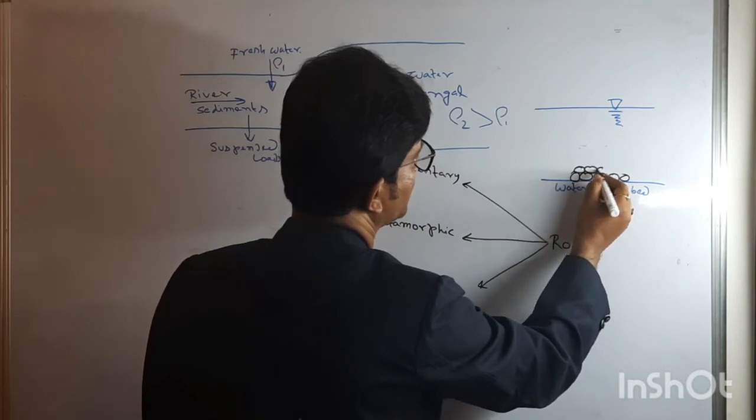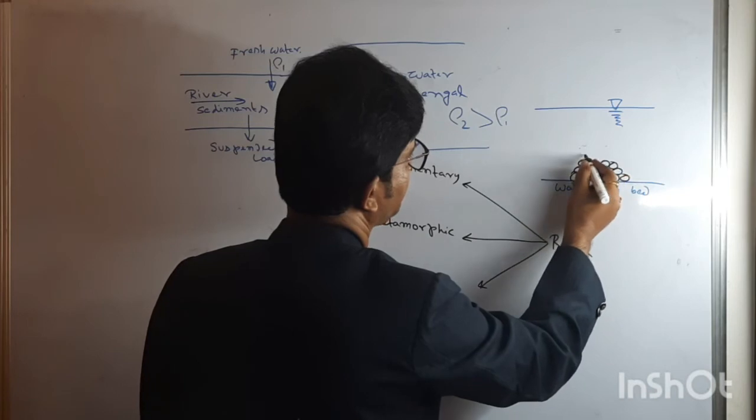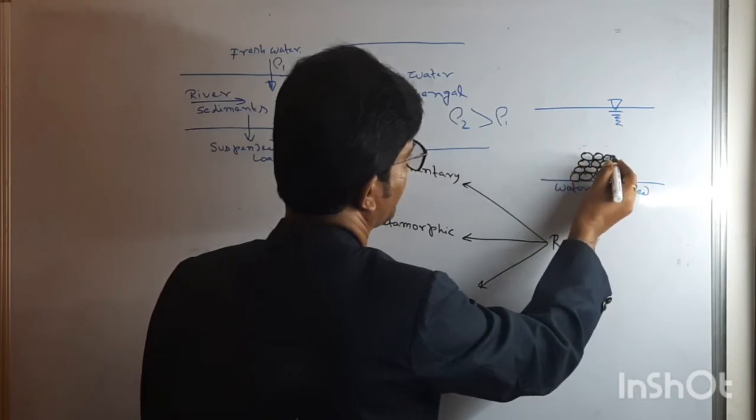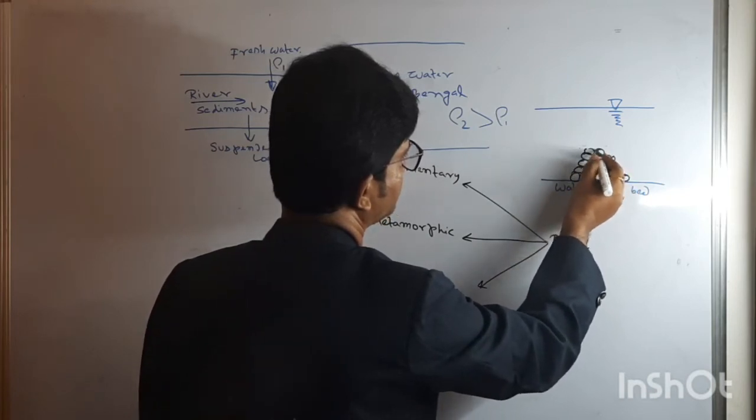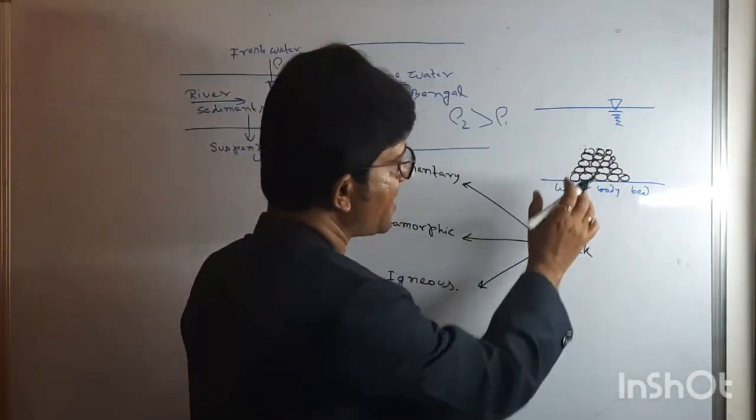It starts depositing in this way, and ultimately this type of thing is formed. So what is the main logic behind this?